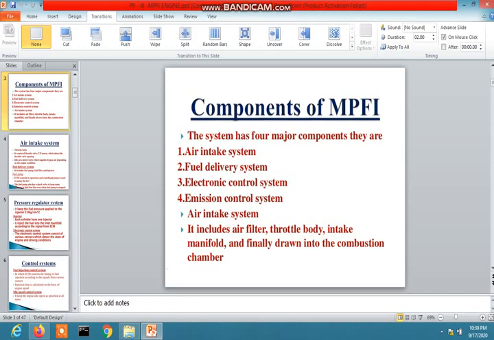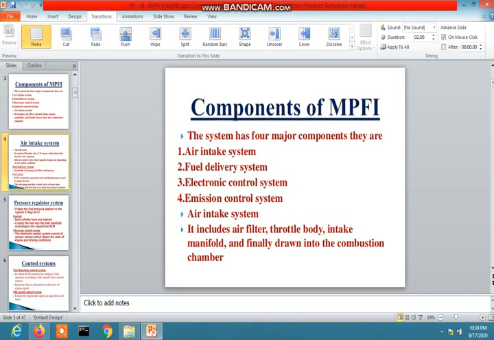Now, the air intake system includes the air filter, throttle body, intake manifold, and finally the air is drawn into the combustion chamber. So this is the intake process.